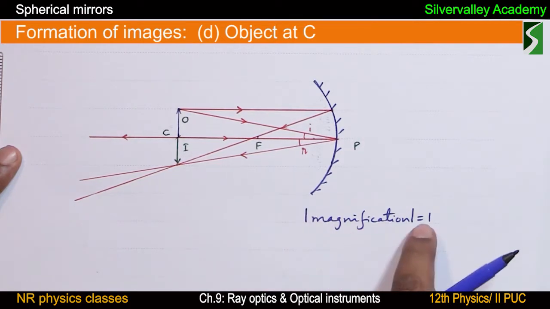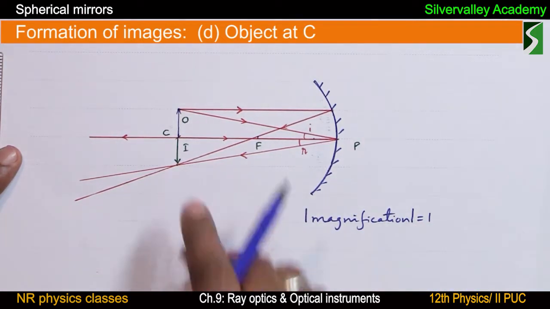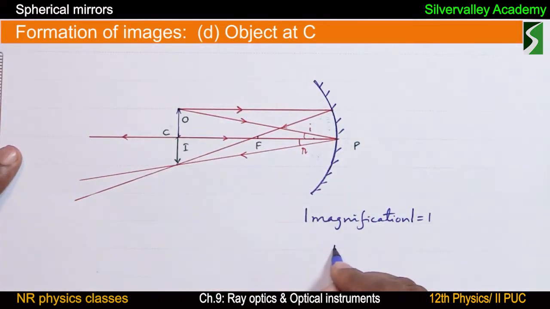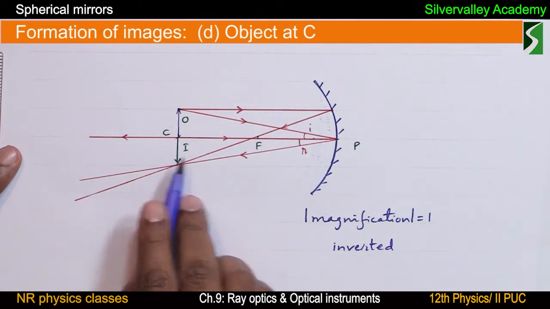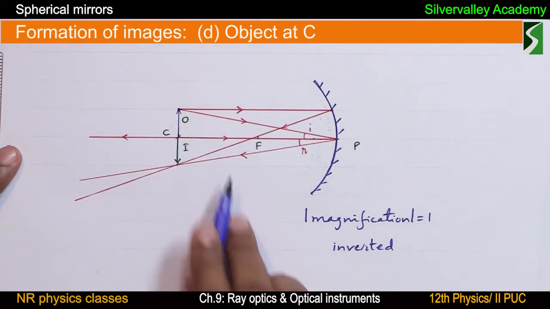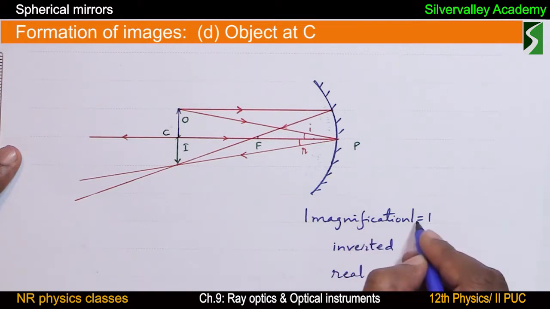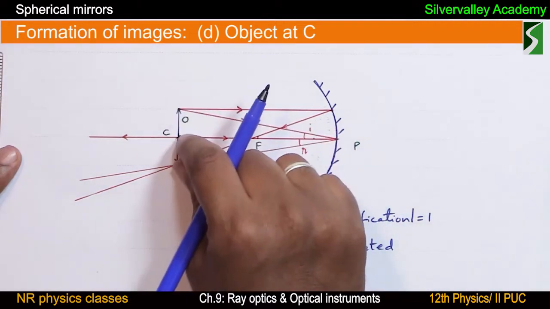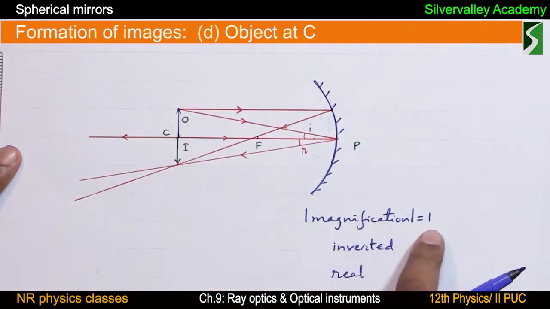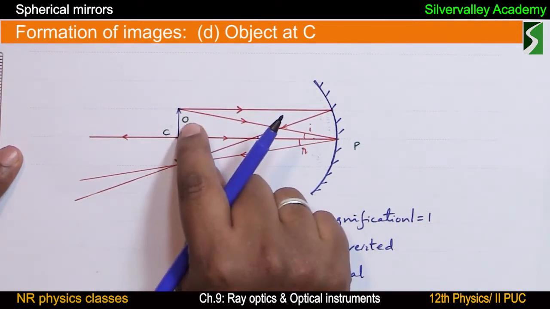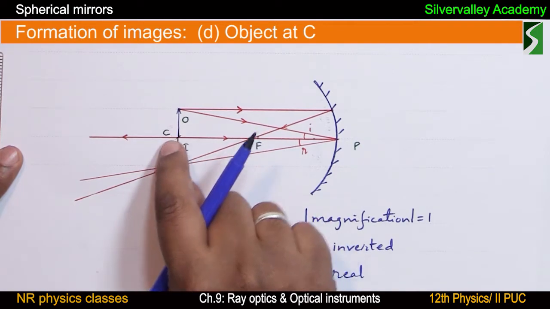Magnitude of magnification equal to 1. Then the image is inverted. And the image is formed due to converging rays. That is why it is real. Real, inverted and magnification equal to 1 means height of the object equal to height of the image. Magnification 1 is true only when the object is at the center of curvature.